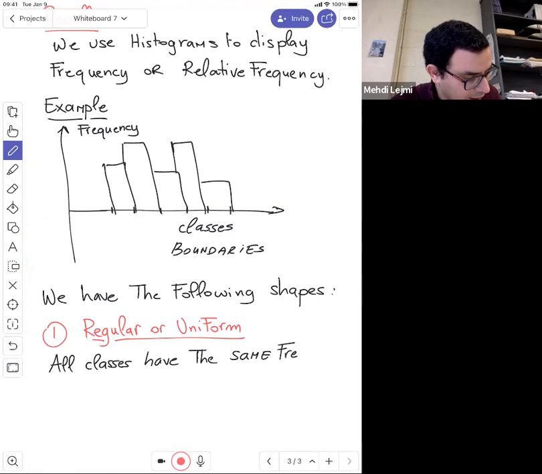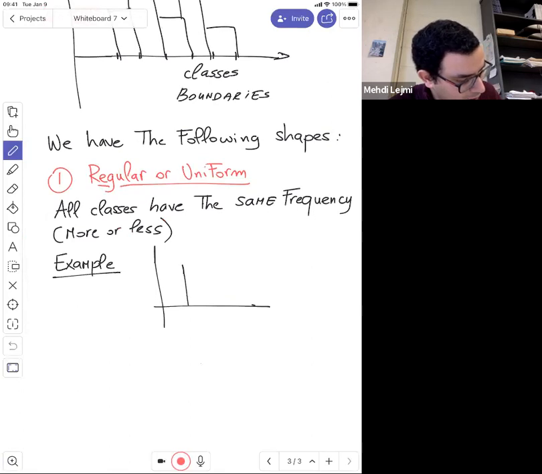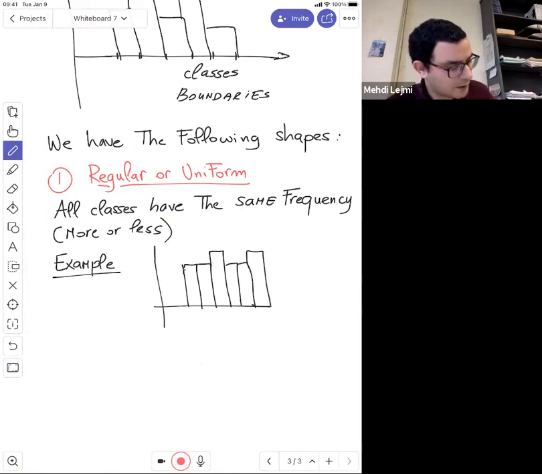So all of the rectangles would have more or less the same height. So you're going to have a histogram which looks something like this here. This is what I call a uniform or regular histogram.